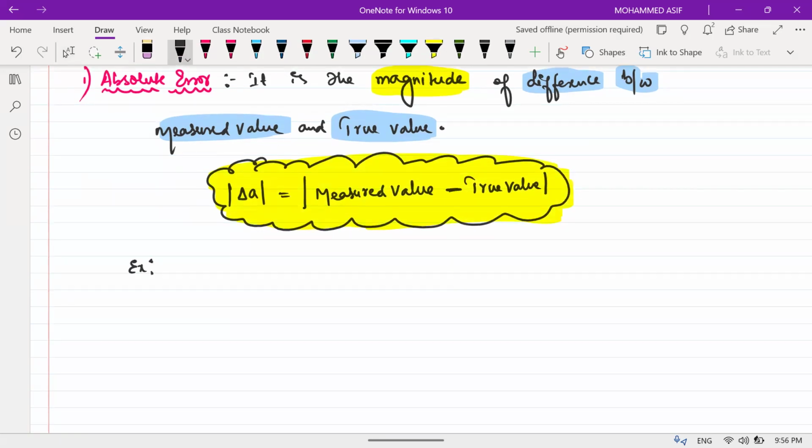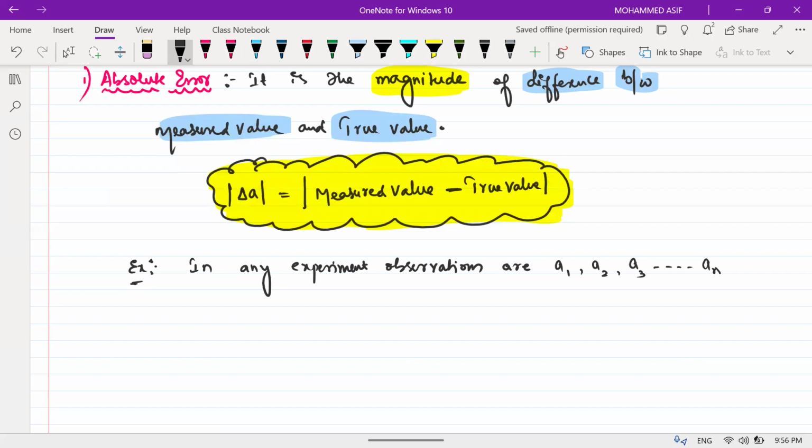Let me give an example for this one. Let us assume we are doing an experiment and we have got experimental observations. In any experiment, the observations are, for example, A1, A2, A3, and so on up to AN.